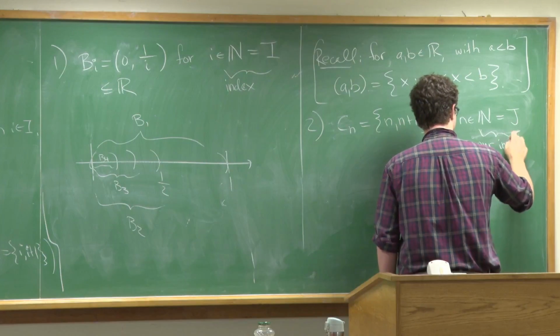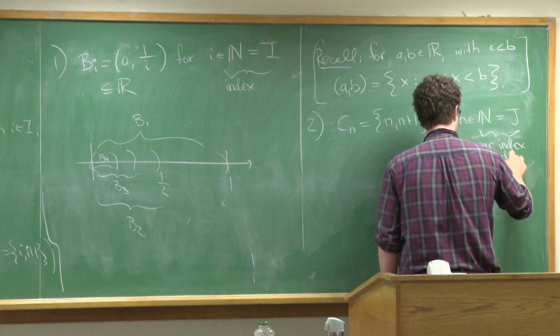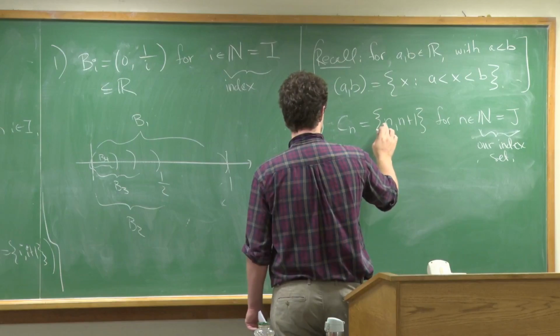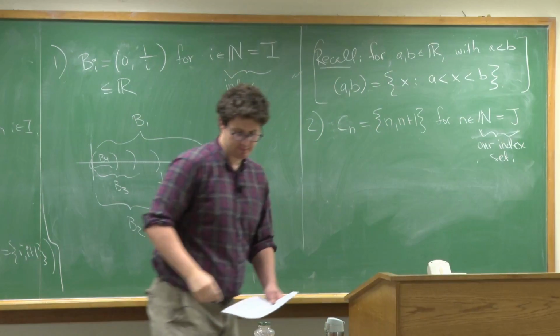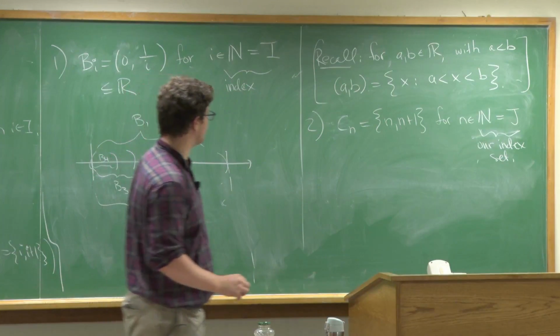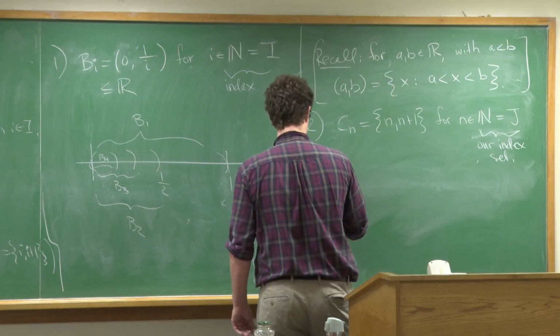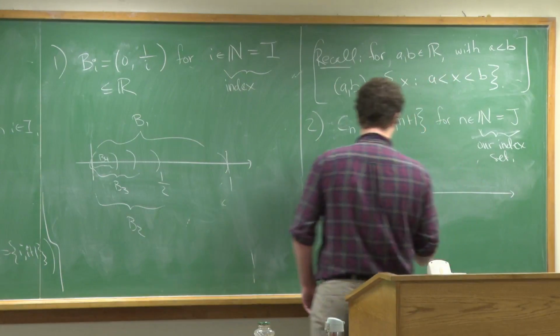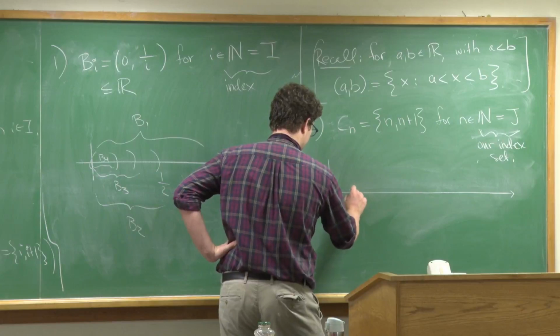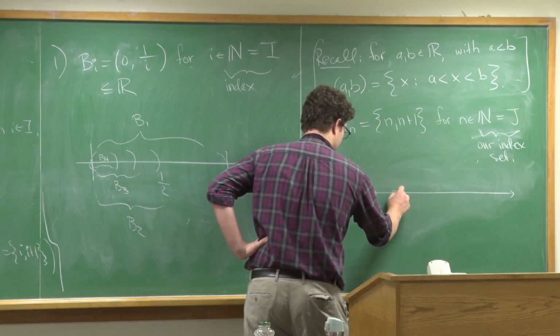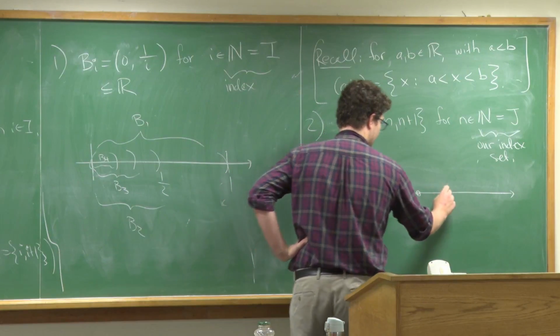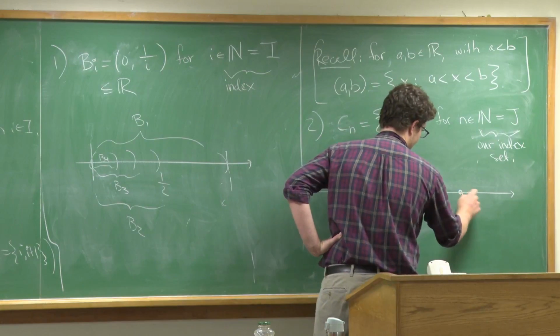Or index. Okay, and so these are just the collections of 2 elements for each of these. So let me draw a picture here. Okay, so here is 1, 2, 3, 4, 5, 6, 7.